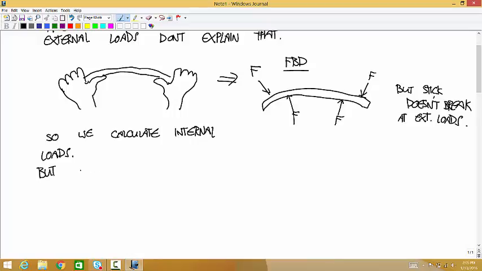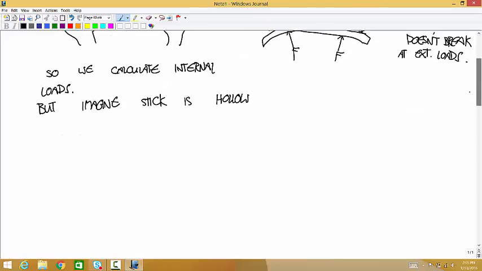But imagine that stick is, instead of being solid, imagine that it's hollow with a wall thickness like this.